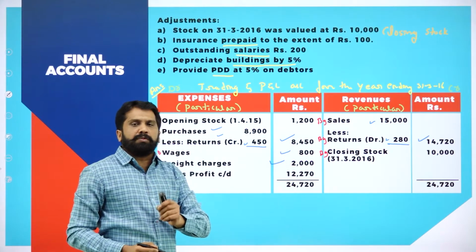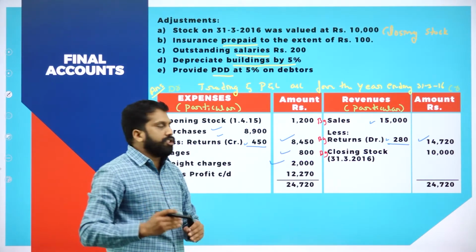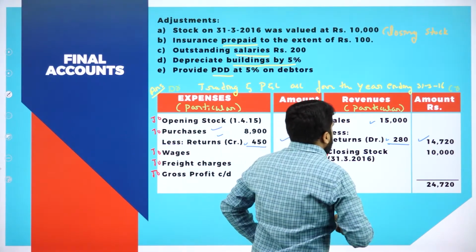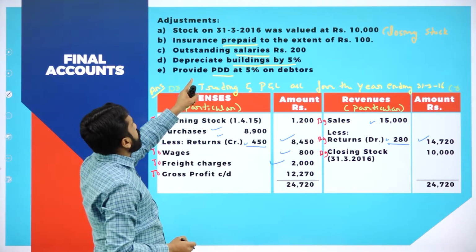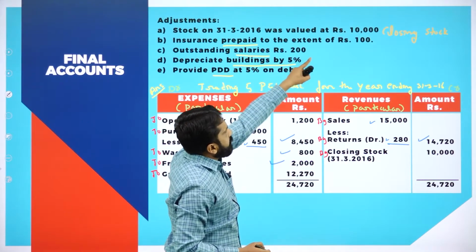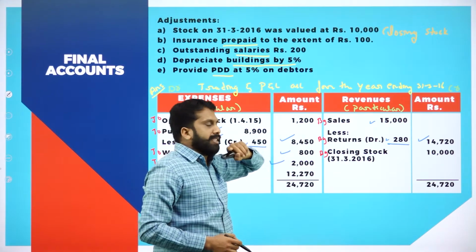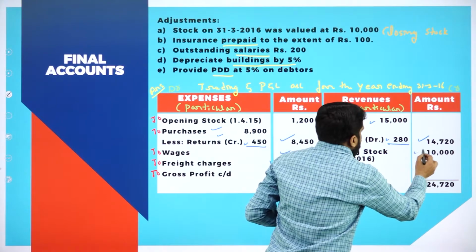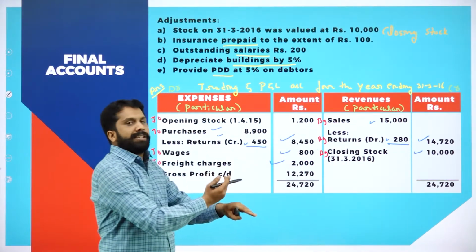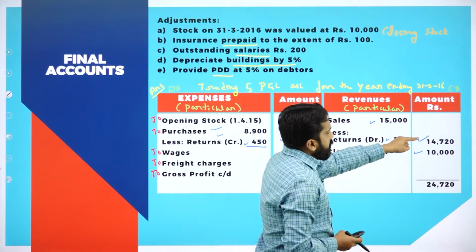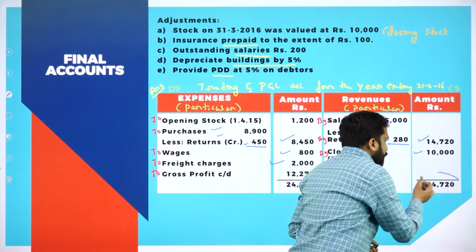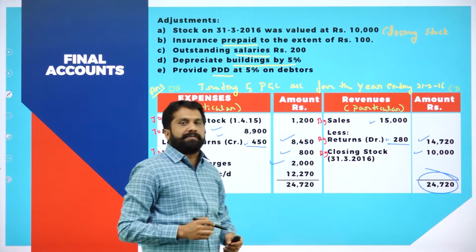Every problem, you will get same kind of adjustments. Now, closing stock, where do you get? You will get always from adjustment. See your adjustment. Stock on 31st March. How much you have? 10,000. Now, you have taken 10,000. You have to see which side is more. Your credit side is more. 14 plus 10, you will get 24,720.